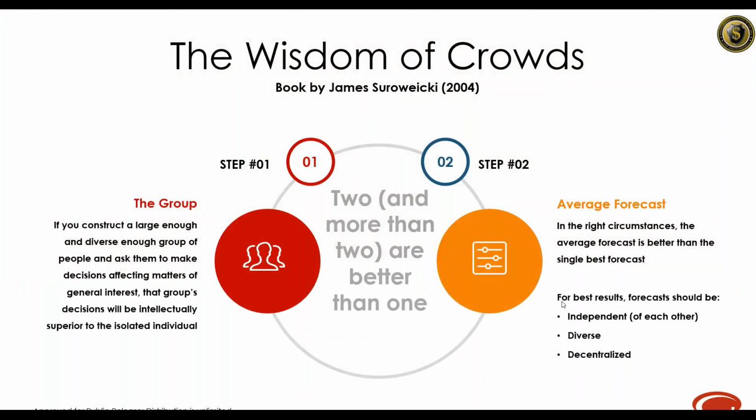The Wisdom of Crowds is a book by James Surowiecki where he talks about this phenomenon. You need a large group and a diverse group, making decisions affecting matters of general interest, somewhat matters of cognition. The group's decisions will generally be better than a single individual, and the average forecast is better than the single best forecast.